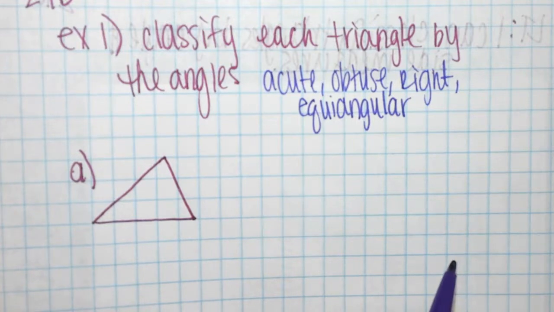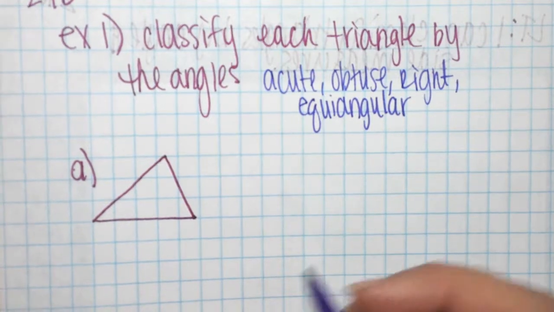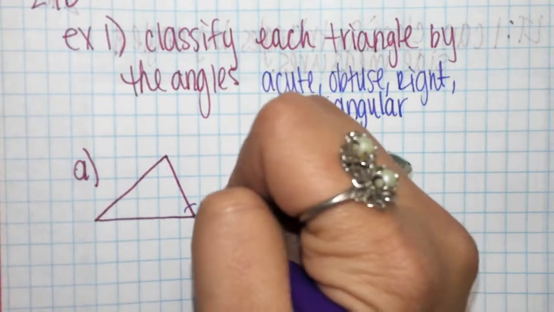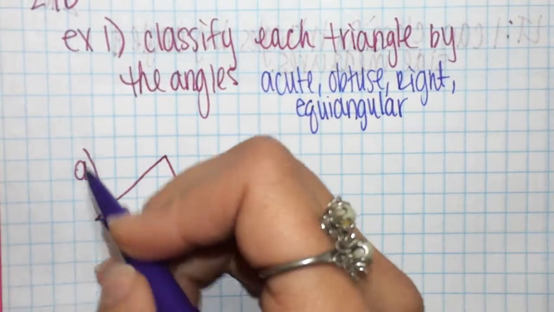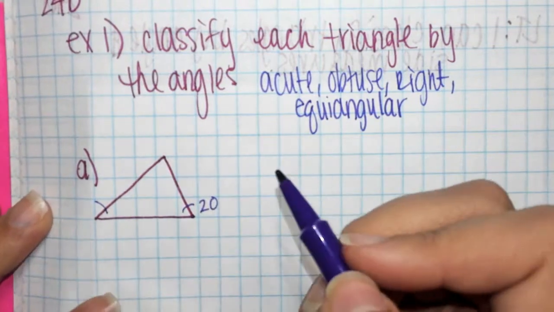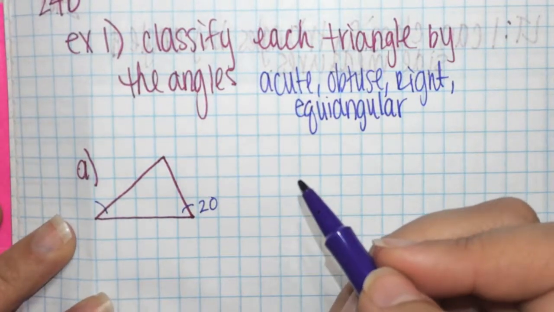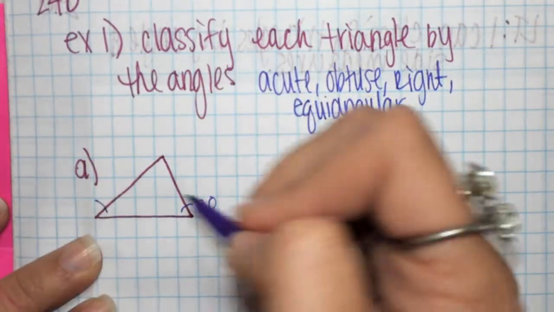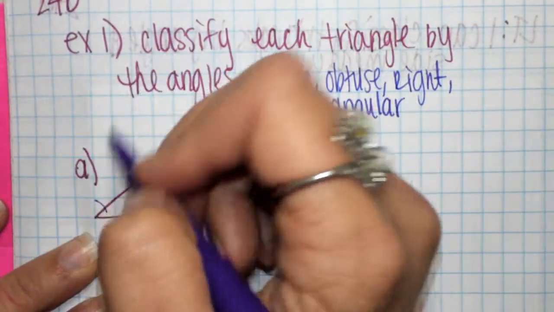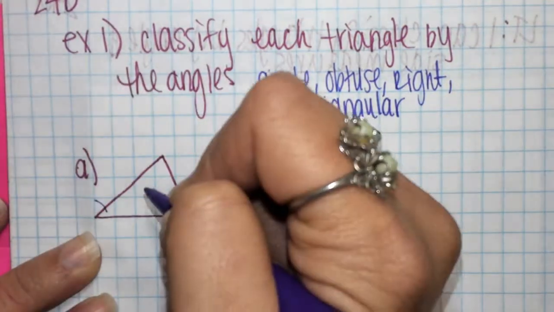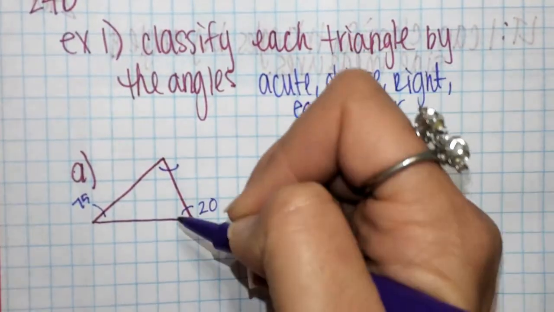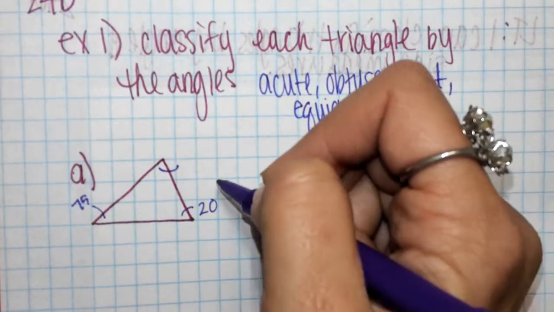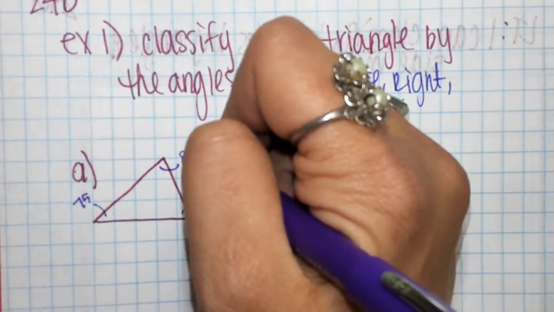This is going to be 20. What do I want that to be? I want it to be 75. And so that's 95. 180 minus 95 is 85.